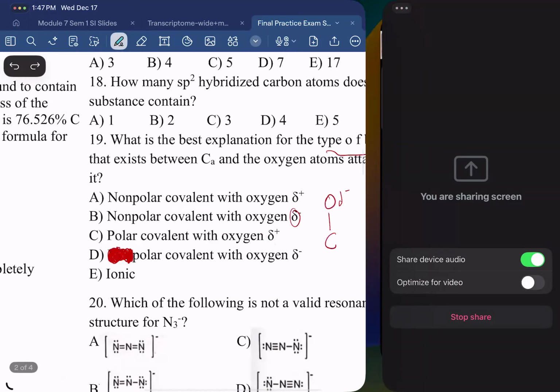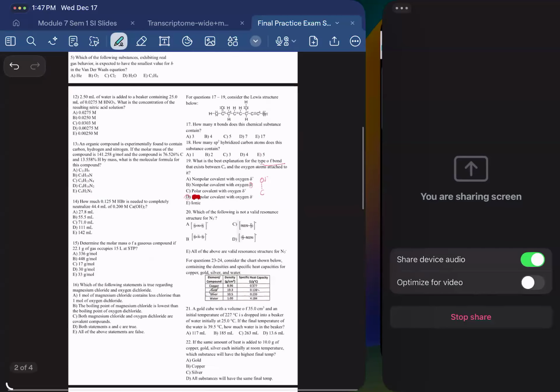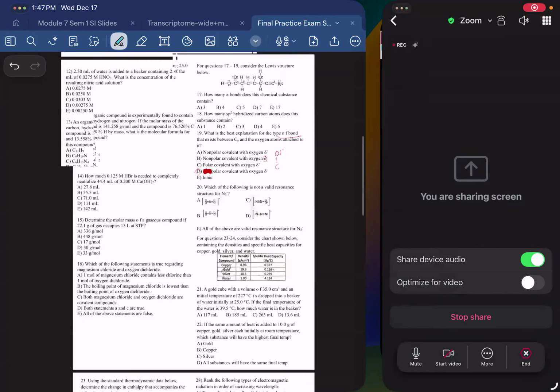For this question, I had a typo, I think I revised it, but D would be the right answer because oxygen would have that partial negative charge. All right. Any questions or anything you want me to go over specifically about this?